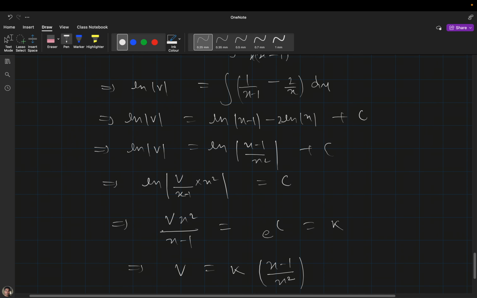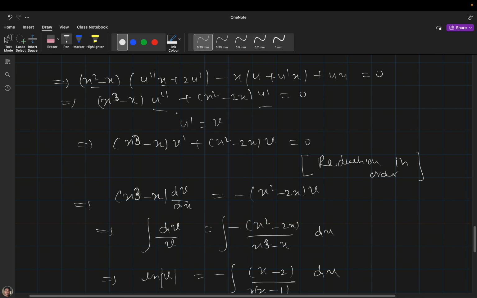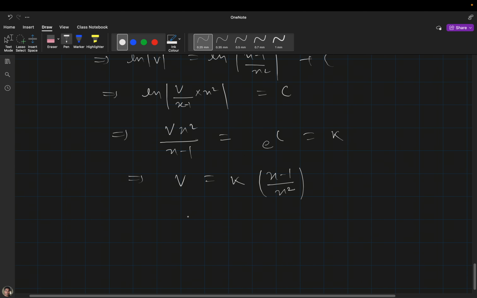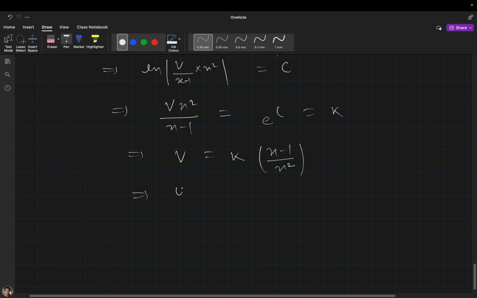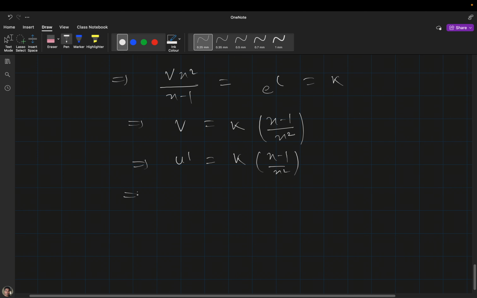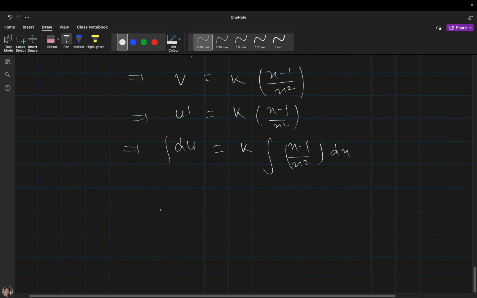Okay, but we have already assumed that v equals what? u single dash. So I will write v equal to u dash equal to k times (x − 1) divided by x². Which means that I can also write du equal to k times integral of (x − 1) divided by x² dx, and here it will all be integral.